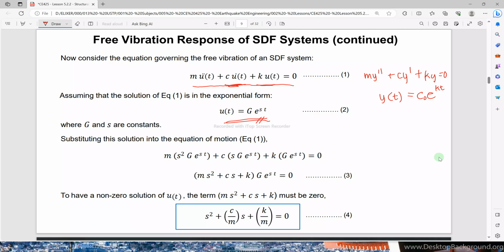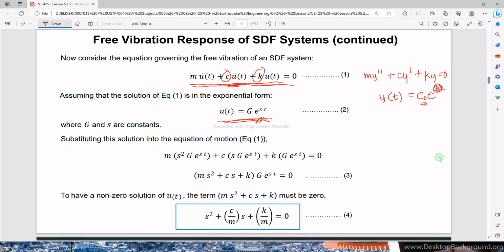e to the kt. Here we have u and u of t. Instead of y of t is equal to c naught e to the kt, here we just use u of t is equal to g e to the st. We did not use c because c is already used here, so we avoid doubling it, and we did not use k because k here is different.